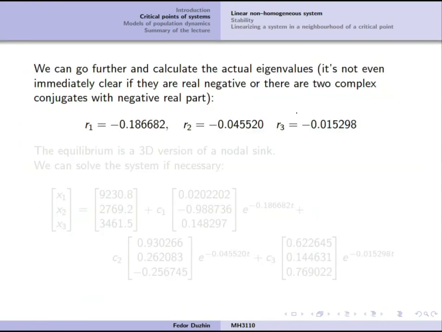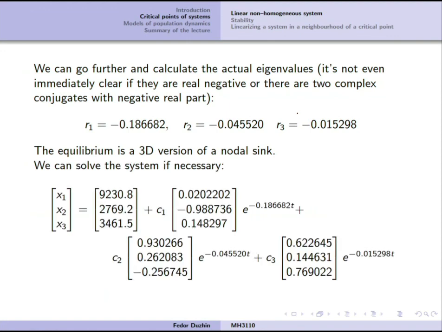Well, anyway, if you want to calculate the actual eigenvalues, you can do it. All of them are negative, which means that the equilibrium here is some kind of a three-dimensional version of a nodal sink. So in the neighborhood of the equilibrium, all solutions approach the equilibrium, and here is a specific solution, right?